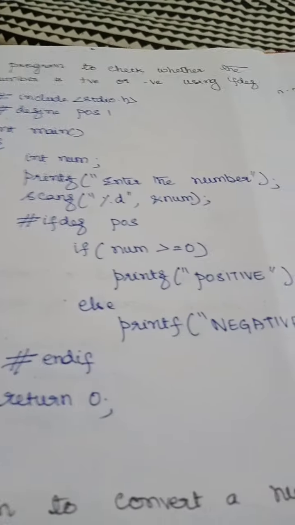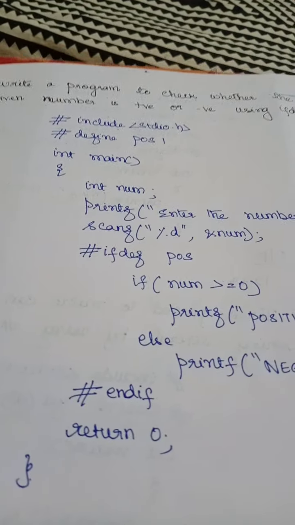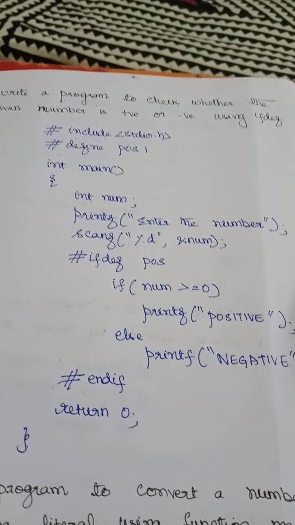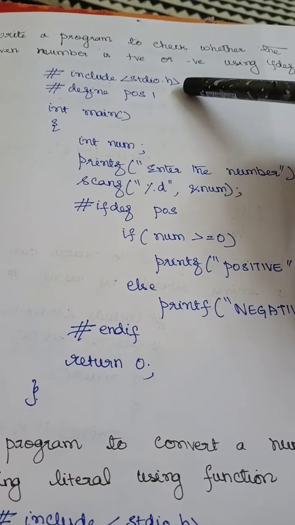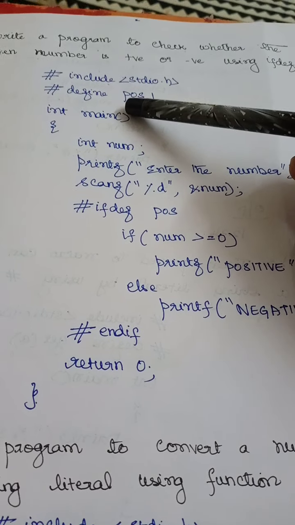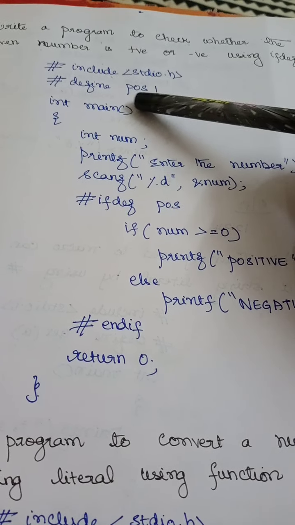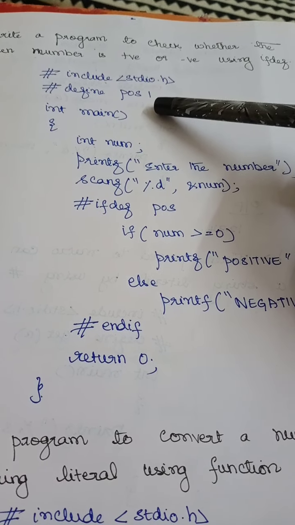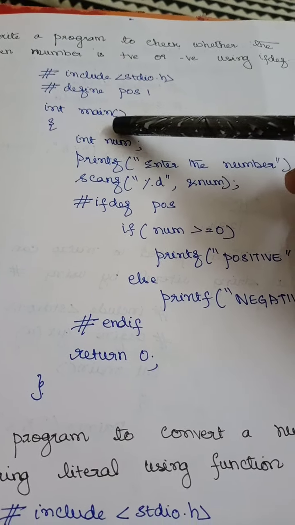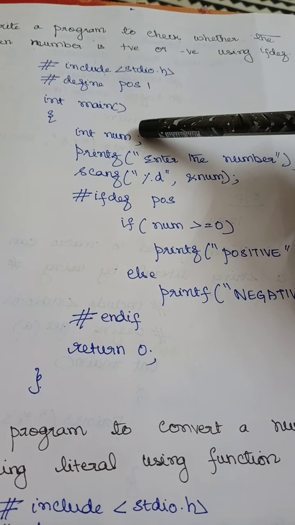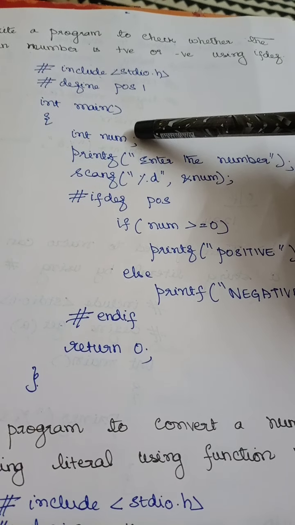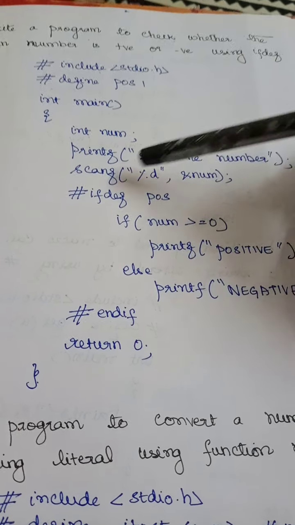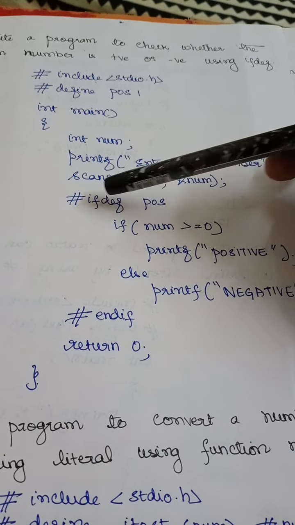So here I am going to check whether my number is positive or negative using ifdef. #include <stdio.h>, #define, here I am defining some macro that I am assigning as 1, right? int main, int num, so here I am declaring a number of type integer, printf enter the number, then I am reading the number. ifdef means what?